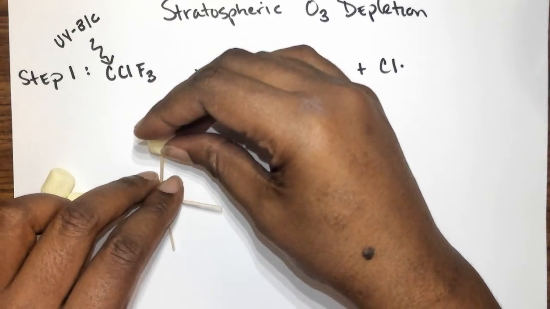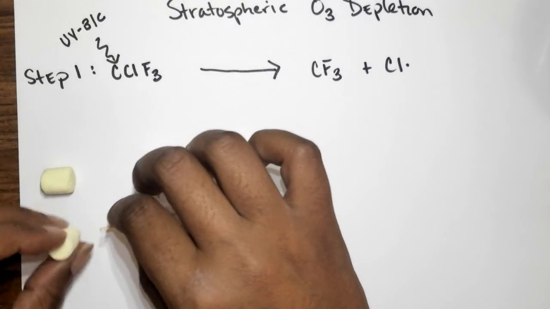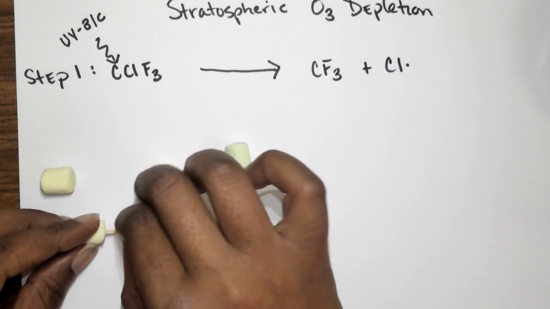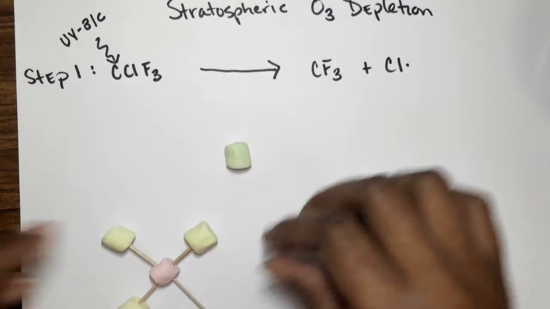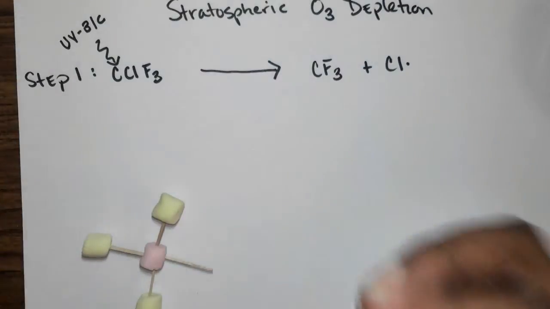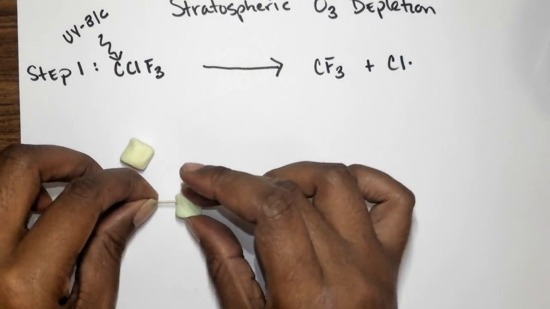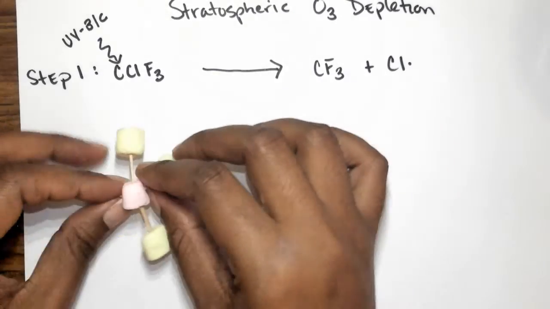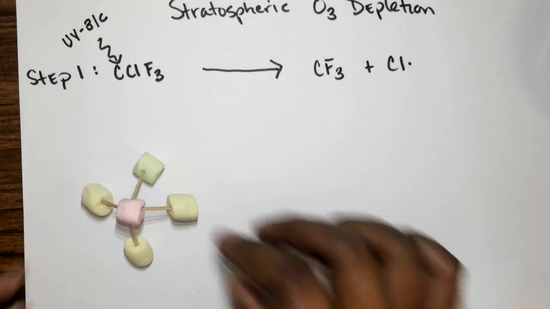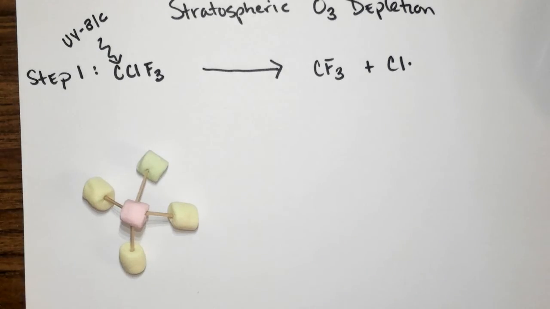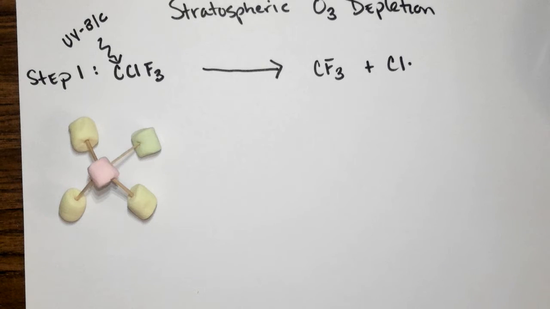It really doesn't matter where. Really, this would look a little bit different if we were actually doing the actual molecule. And so this is the chlorine. So really the molecule kind of looks like this. 3 yellows, 1 pink, and then a green.